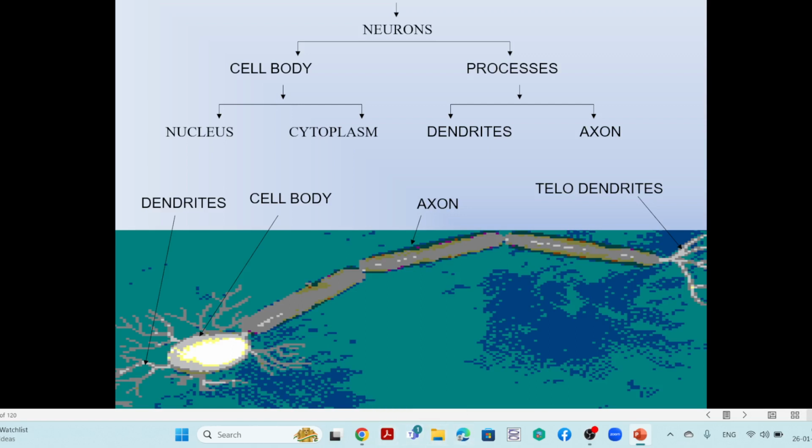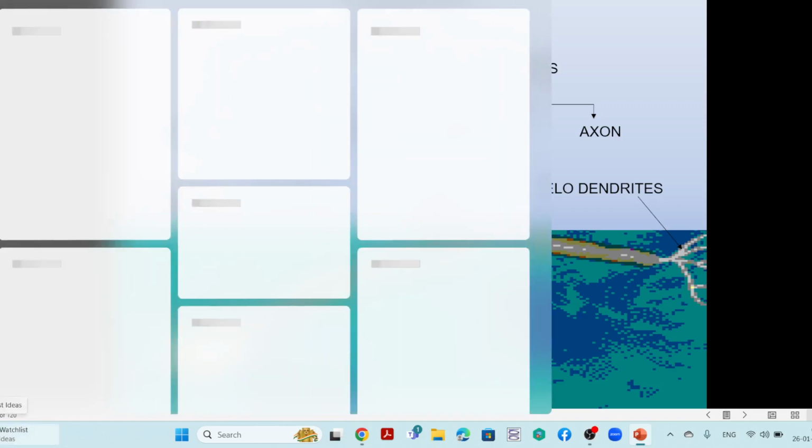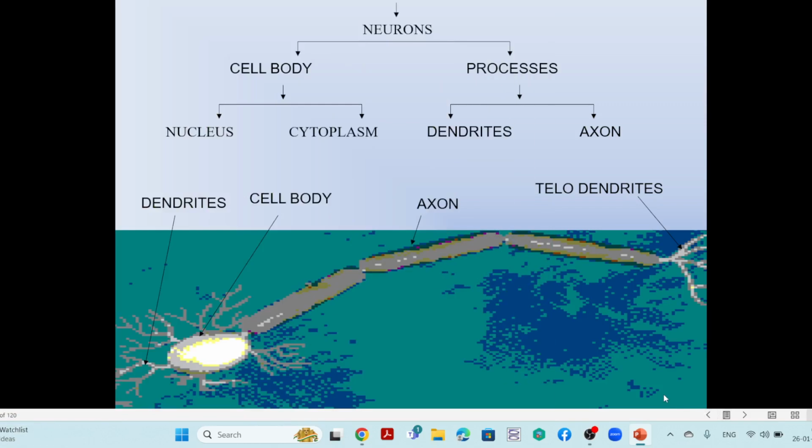Just see this figure. The cell body is the structure of the cell that is covered by the cell membrane, and inside there is cytoplasm as well as the nucleus, the Golgi apparatus, and other organelles.